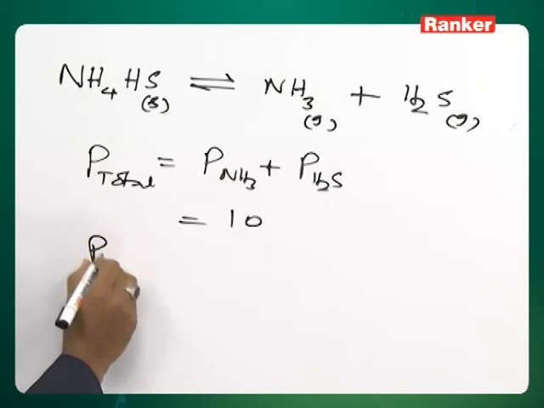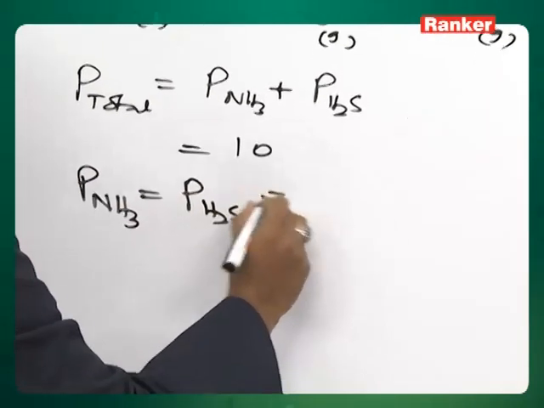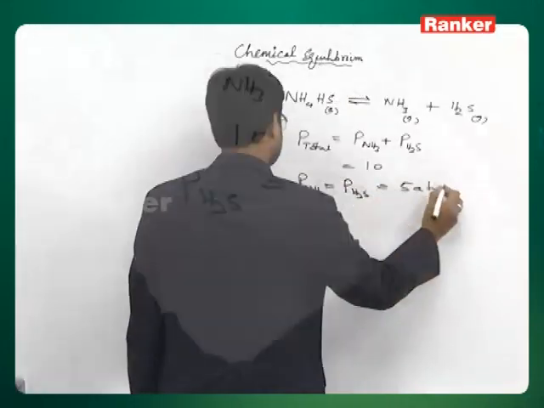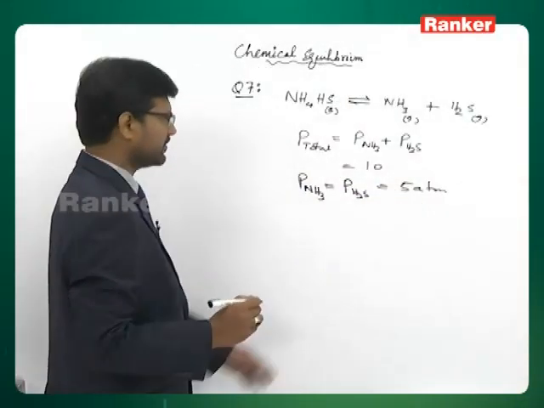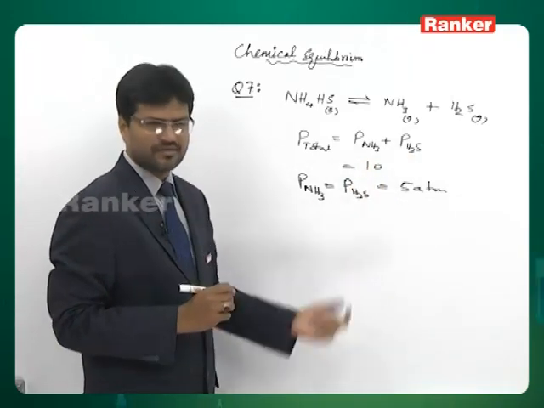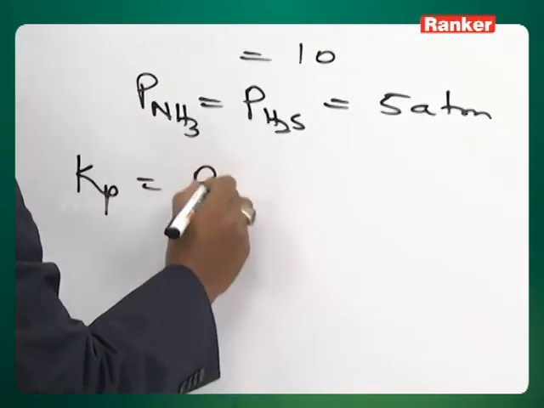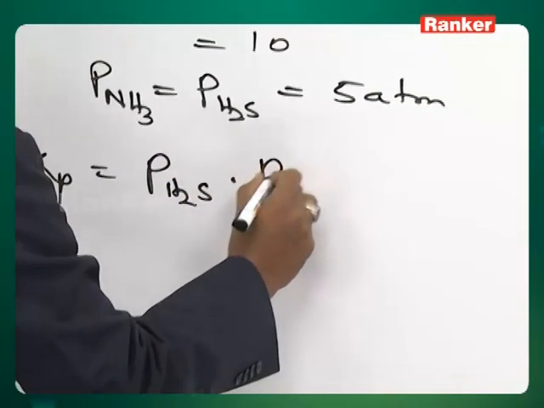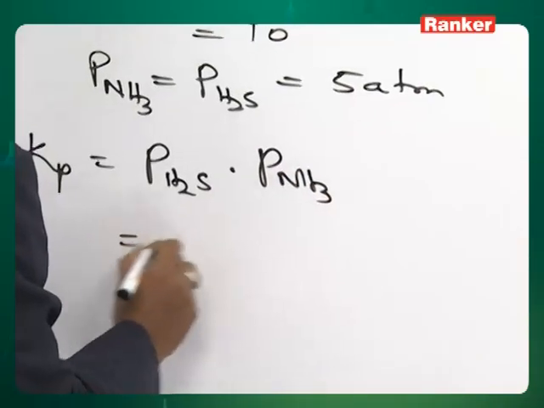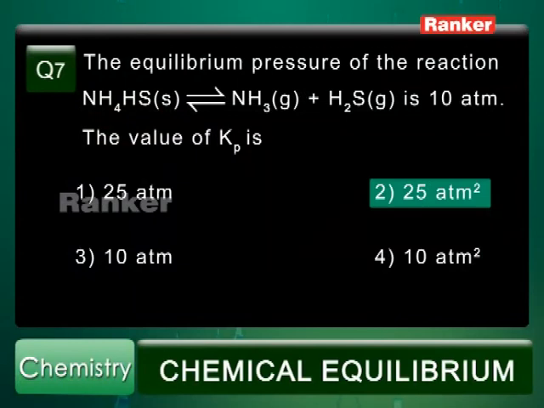So, P NH3 is equal to P H2S, which is equal to 5 atmospheres, because the sum of these two is equal to 10 atmospheres. So, definitely each one has to be 5 atmospheres. Kp equals P H2S into P NH3, that comes to 25 atmosphere square. So, the answer is option B.